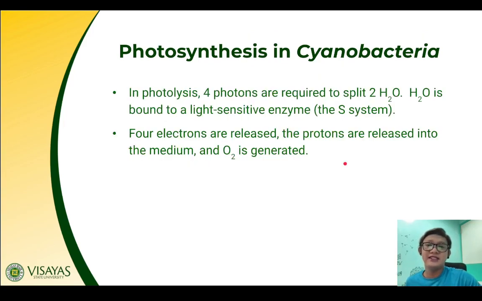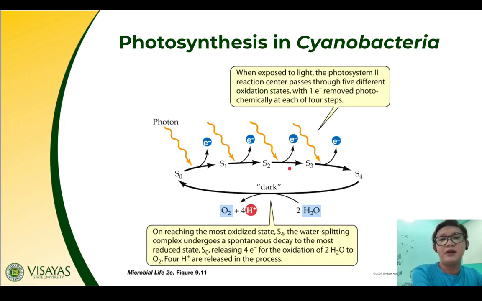In photolysis, 4 photons are required to split 2 molecules of water, producing oxygen. Water is bound to a light-sensitive enzyme in the photosystem. 4 electrons are released, the protons are released into the medium, and oxygen is generated. So in cyanobacteria, this is what occurs.